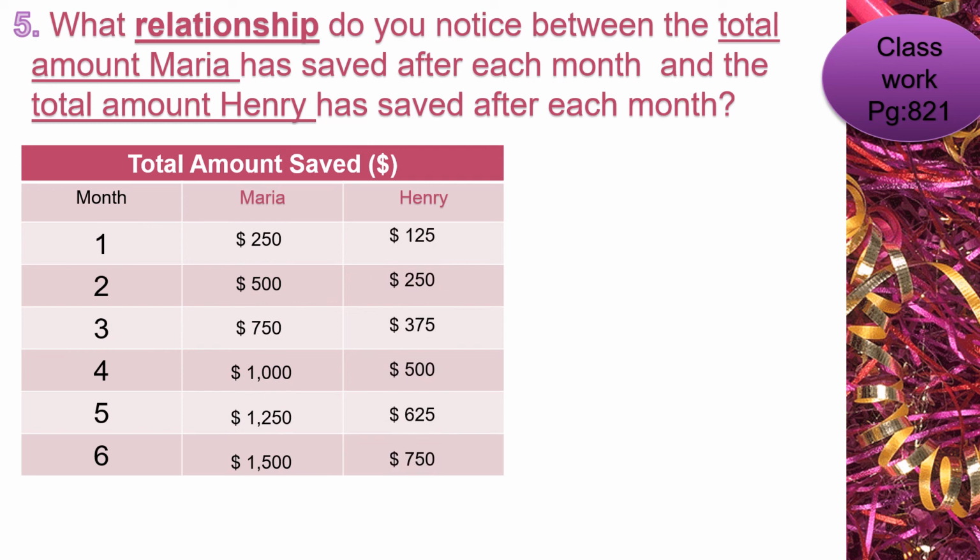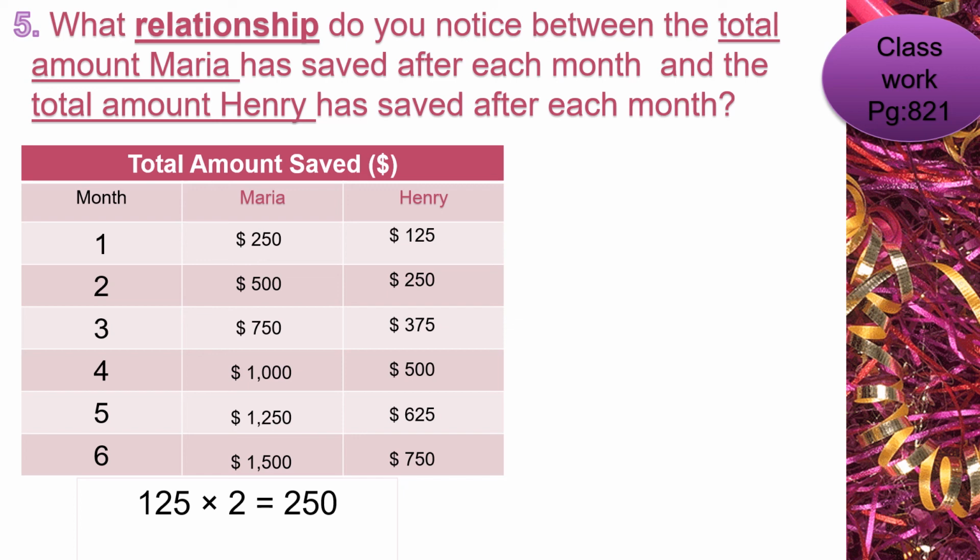So if we compare Henry's amount with Maria's, Henry has less. Yes, but how much less? See, 125 times 2 is 250. So we can say it is 2 times more.